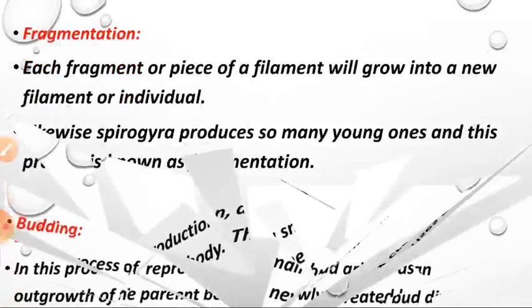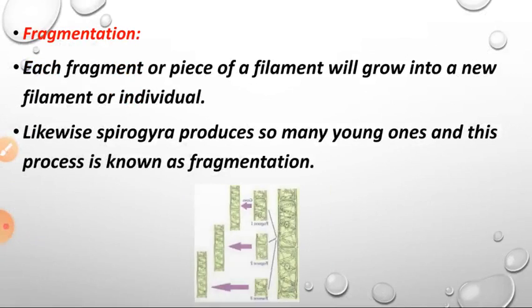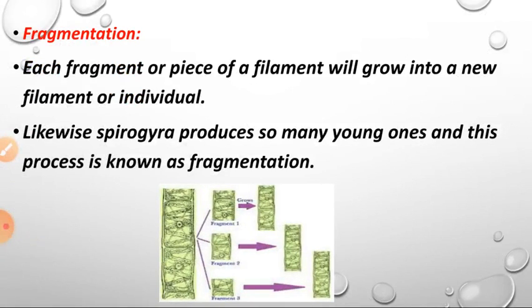And next one, fragmentation. Each fragment or piece of a filament will grow into a new plant or individual. Likewise, Spirogyra produces so many young ones, and this process is known as fragmentation. Spirogyra is an algae.